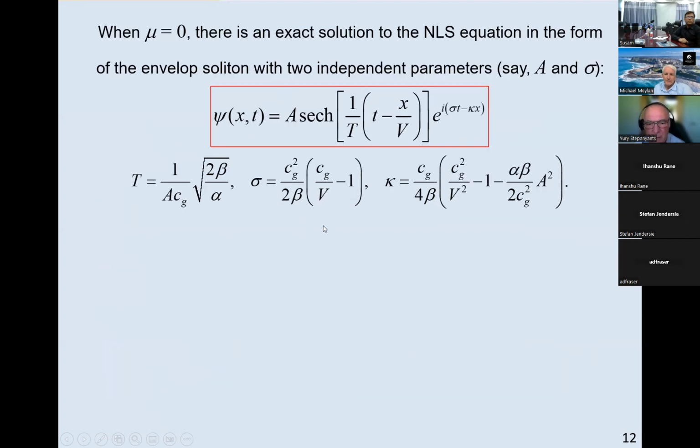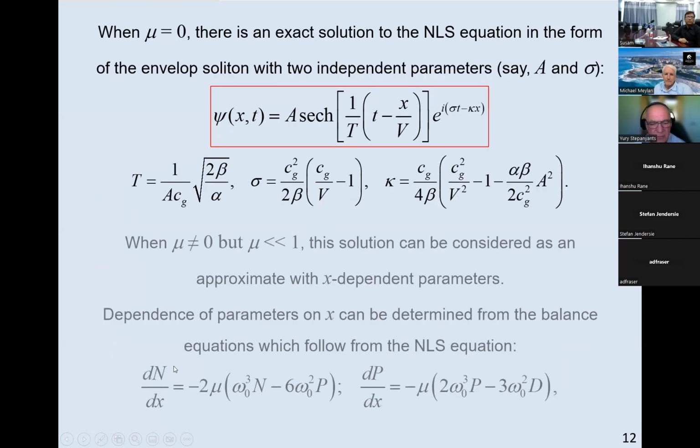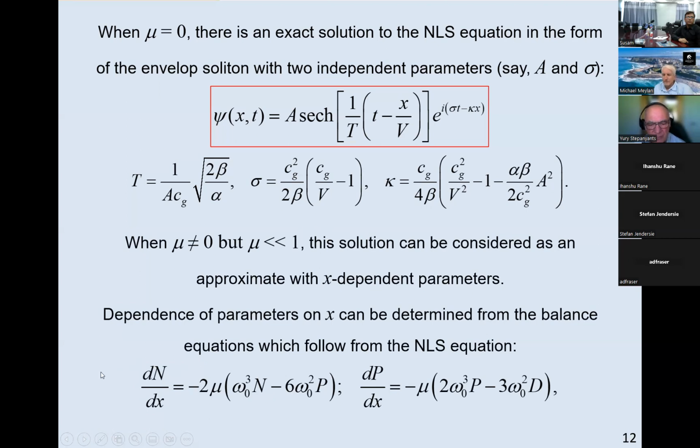In this case, we obtain this quantity N, and for quantity N we have such a balance equation. Then there is another quantity P, which also depends on x. I will show you these two quantities N and P on the next slide.